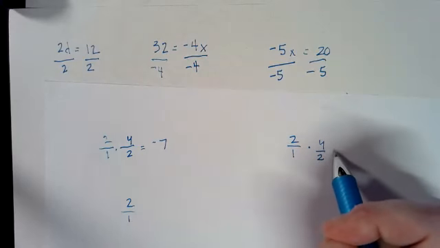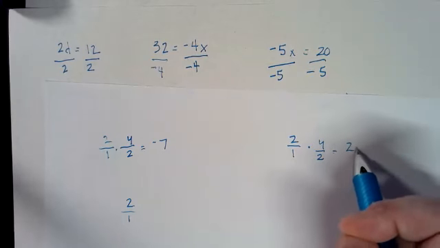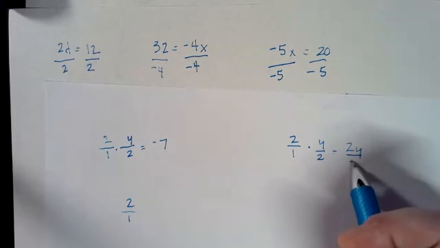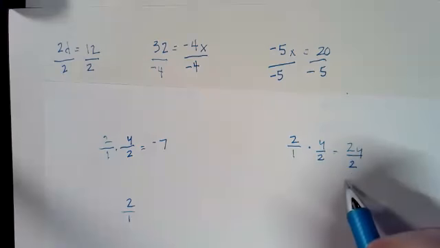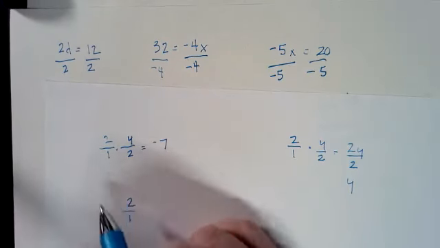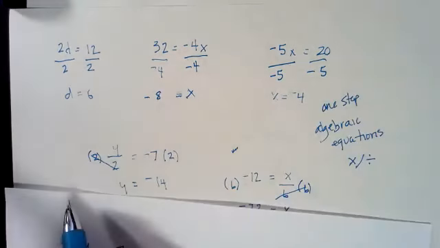You cannot add and subtract them. So 2 times y would be 2y. 1 times 2 would be 2. And there you go. 2y divided by 2 is y. That's why it works. And I don't put the 1 because you don't really need it.